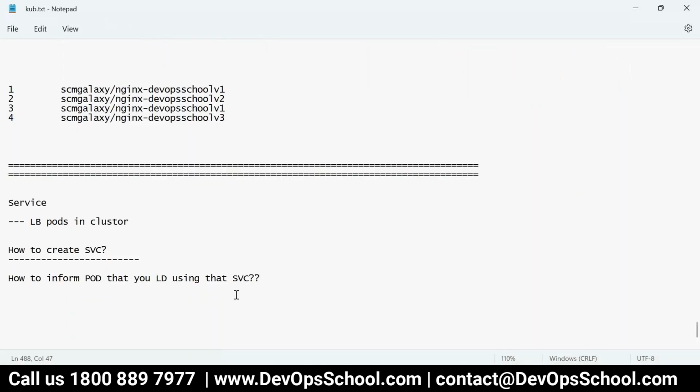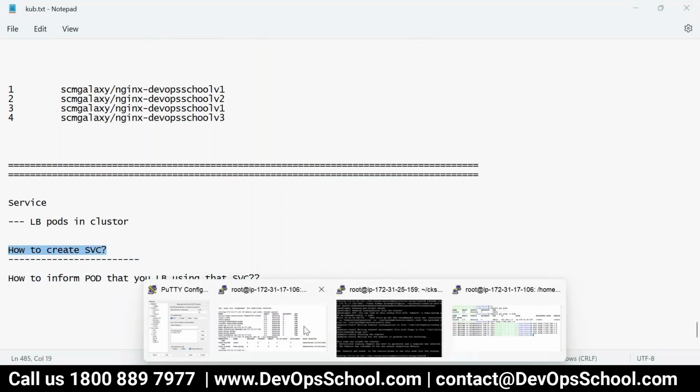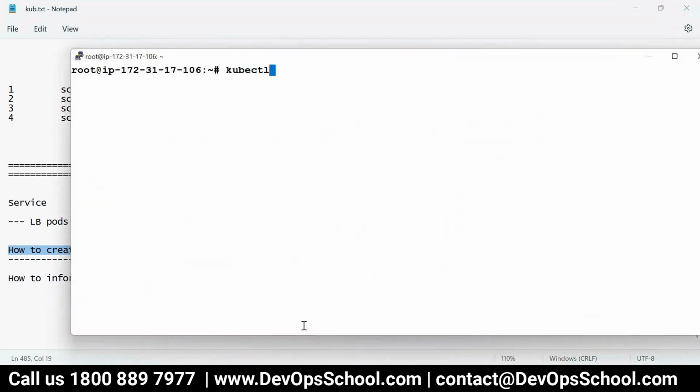These are the two questions I'm going to help you with. First, how to create a Service, and second, how to inform the pods. First let me answer this question, and I think by now you know it: kubectl get svc.